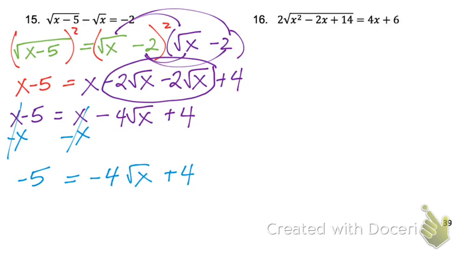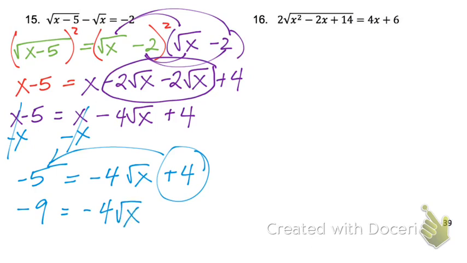Not yet, I want to get this over here. You could put everything on the right too. You're going to move the 9 over eventually anyway. Negative 9 equals negative 4 square root x. I want to get the x by itself.